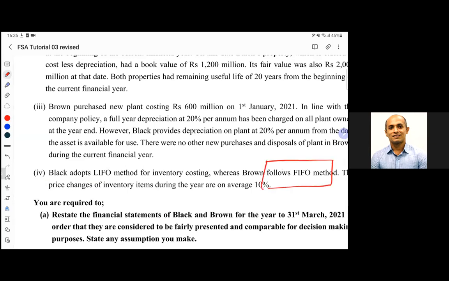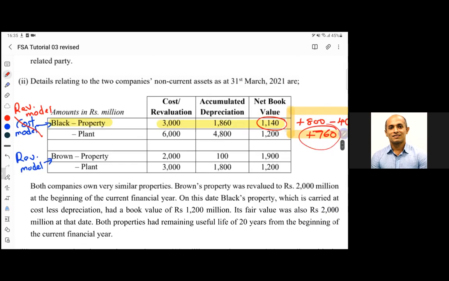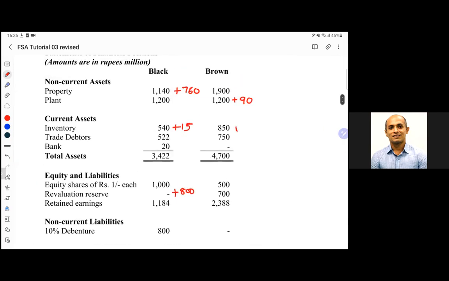You can remember in the FIFO method, closing stock value is okay because it's at current price. Brown closing stock value is okay because it's at current price.